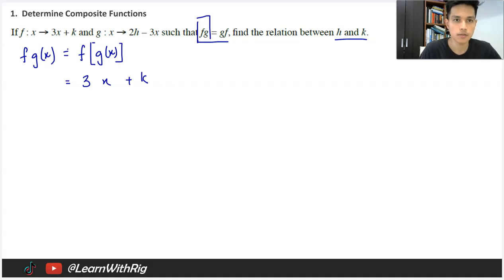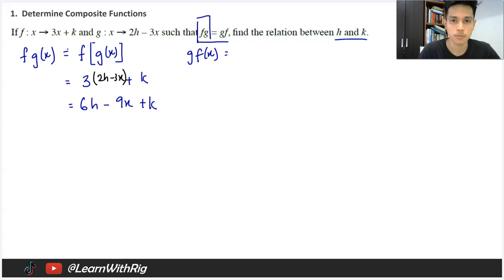But in this case, the x is not x anymore, it is going to be g(x). So what is g(x)? g(x) is going to be 2h − 3x. So when you expand, you get 6h − 9x + k. Okay, so this is your fg(x). Now you're going to find the next one, which is gf(x).